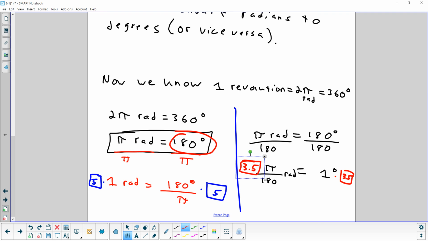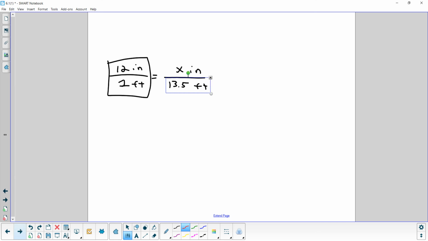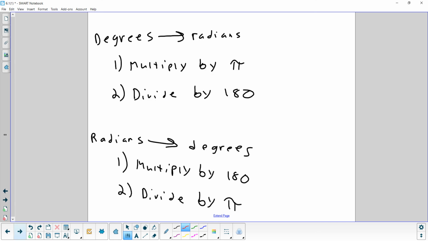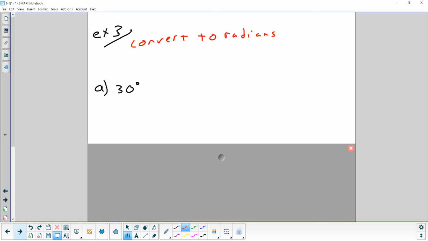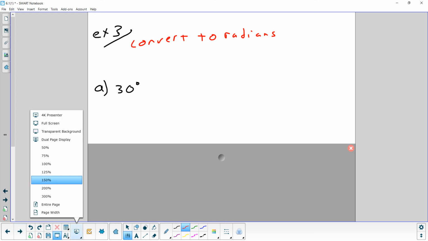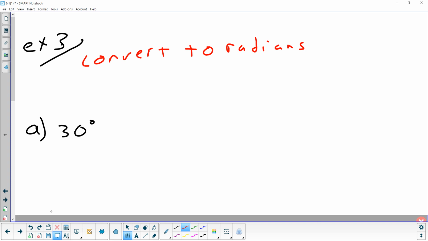When you hear radians, I want you to think pi. So radians, think pi. Degrees, think 180. Just remember those 2 things, and then everything we wrote right here will be automatic. Okay. All right, so let's try to convert that into radians.